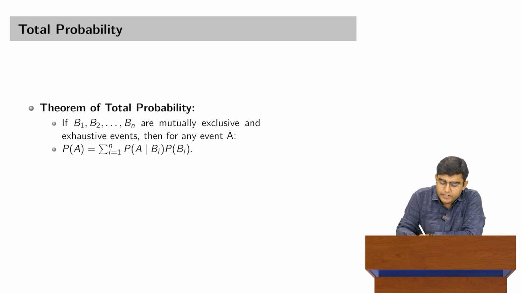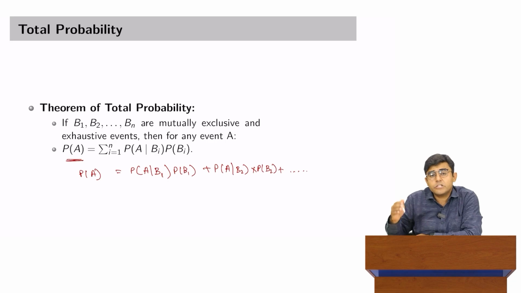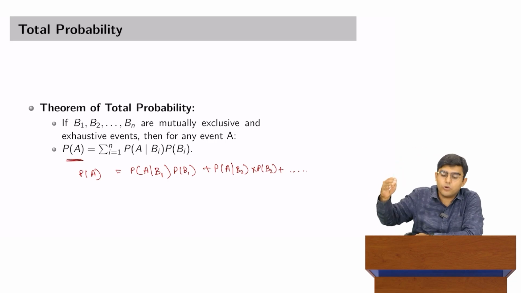Then for any event A, we can write the probability of that particular event happening using the summation of probability of A given B1 into P of B1, plus probability of A given B2 into probability of B2, and so on. And this will give me the total probability of A happening, which originally was conditioned on multiple mutually exclusive and exhaustive events.